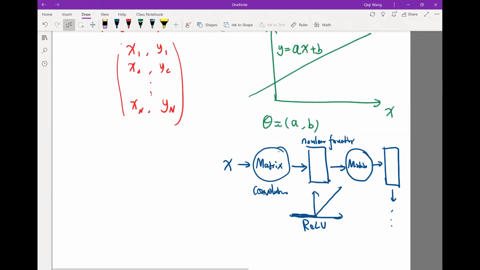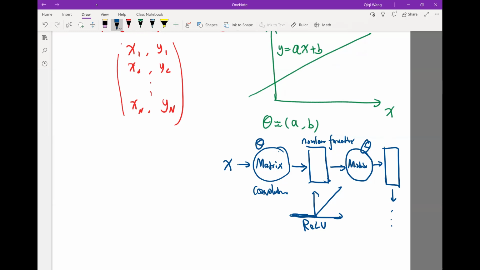Okay, and for every matrix or convolution layer you have, the entries of the matrix or the kernels of the convolution are completely tunable. So all of these matrices are thetas. And sometimes the nonlinear functions also involve parameters that you can tune.